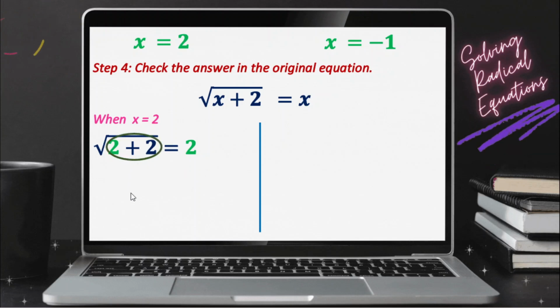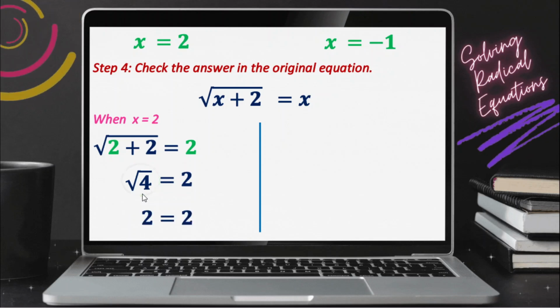Then, 2 plus 2 is 4. So, we have the square root of 4 is equal to 2. The square root of 4 is 2. So, therefore, we have 2 is equal to 2. Since they are equal, that checks. So, 2 is a solution.